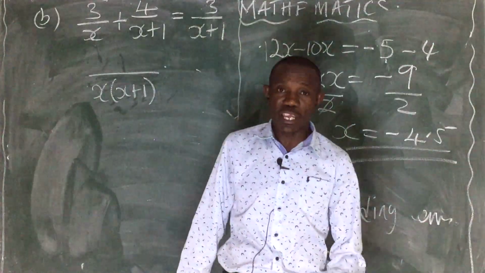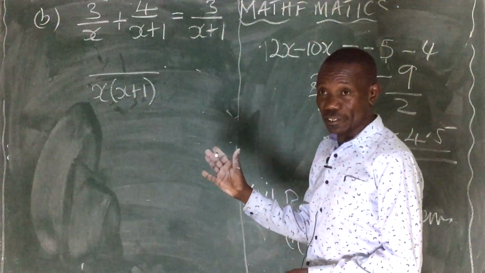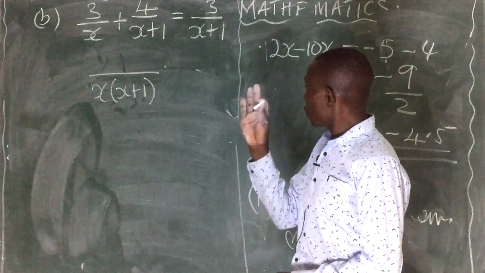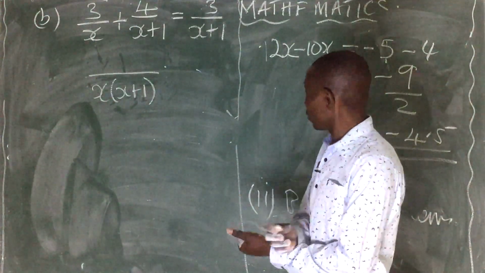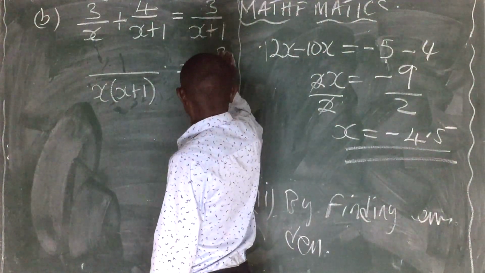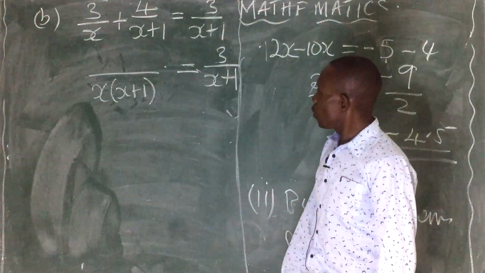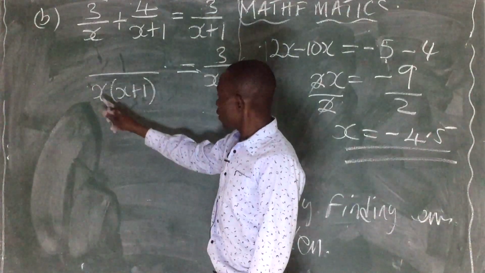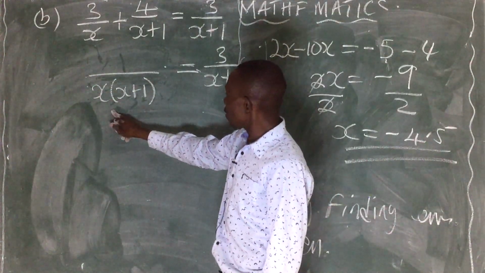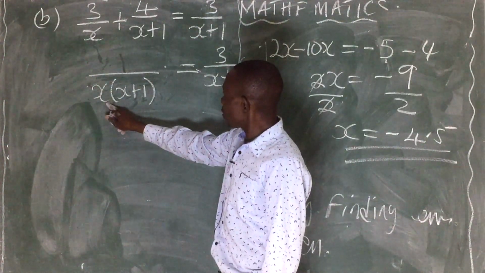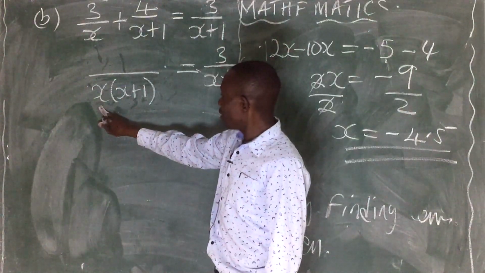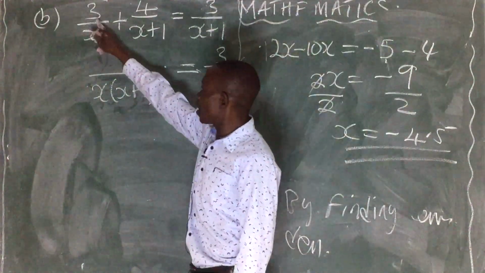My aim is to obtain a single fraction on the left hand side. That's why I'm doing that, so that I can go for the same cross multiplication. Here we still have 3 over x plus 1. My x will get here once, and this x will cancel with x. The answer will be x plus 1, and this should be multiplied by 3.